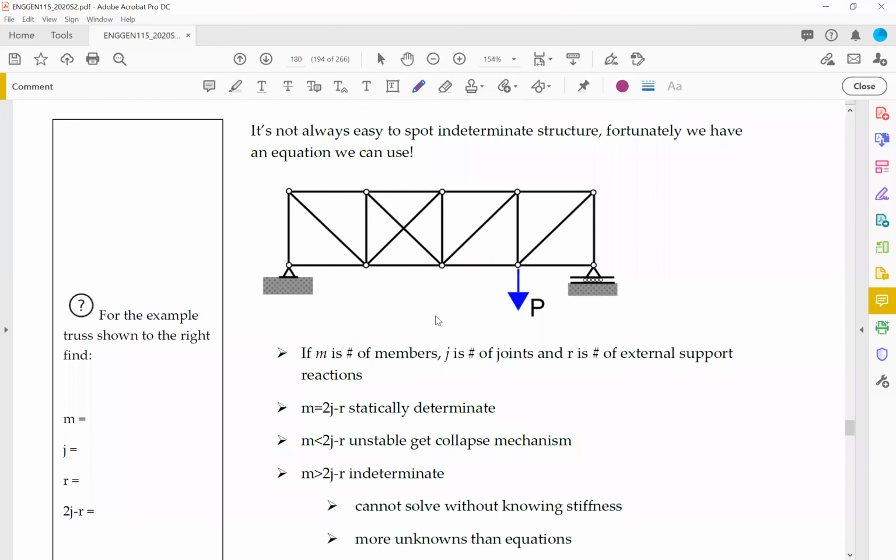Now, internal determinacy is where the members inside the structure allow you to be able to do method of joints only by using the sum of forces in the y direction and sum of forces in the x direction.